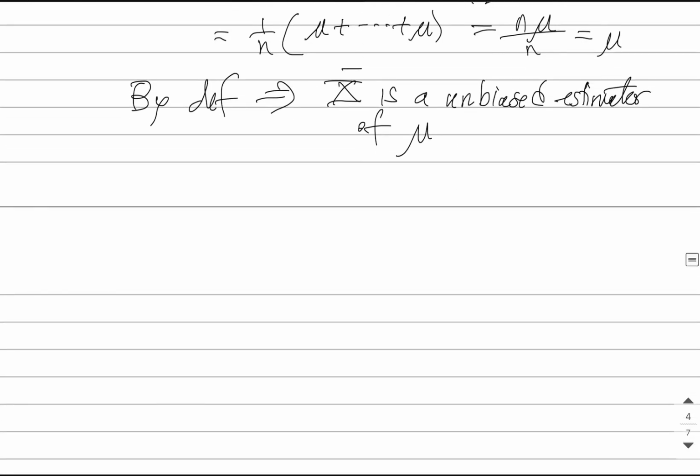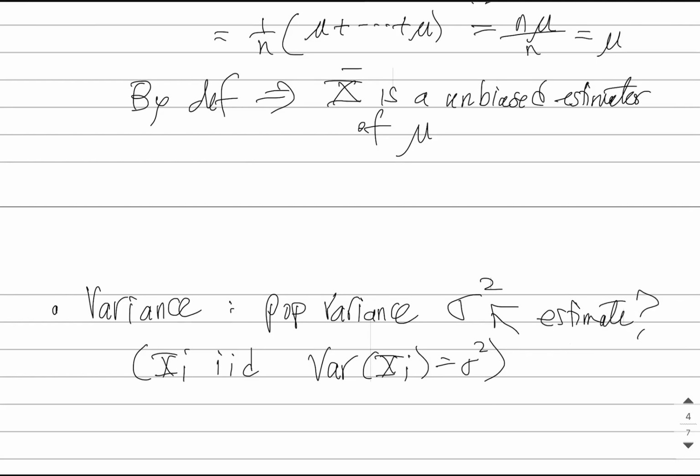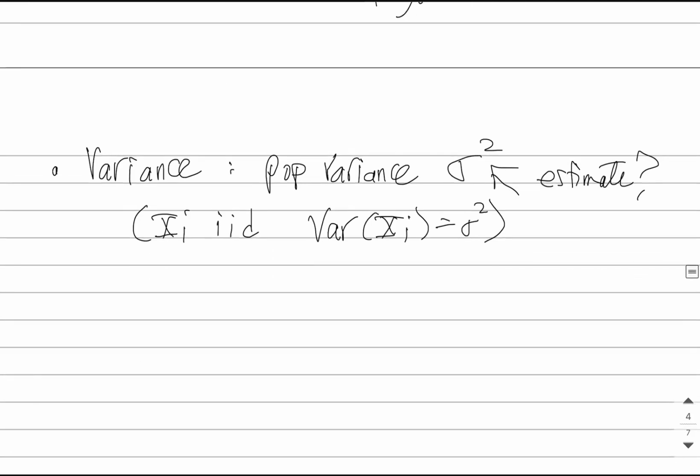The other parameter that we are interested in, the population variance, is given by sigma squared. If we assume again that our xi's are iid, and that the variance of each one of them is sigma squared, we would like to estimate this. So what is the right estimator?